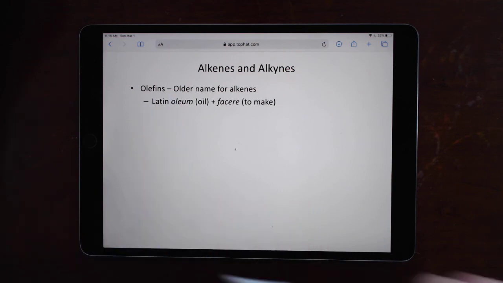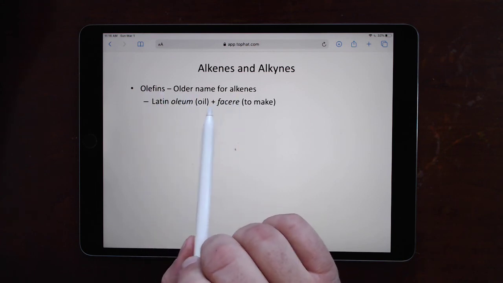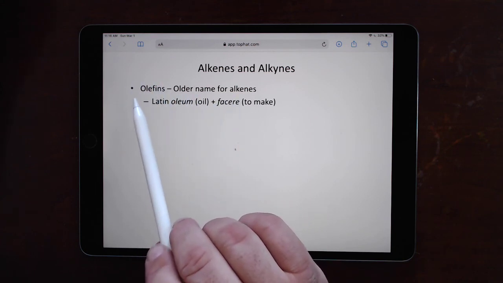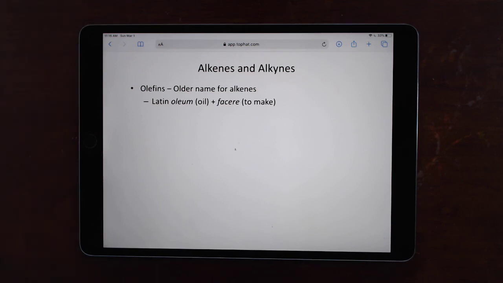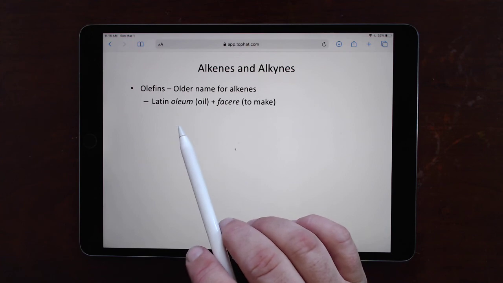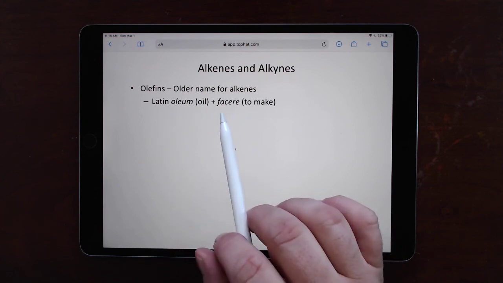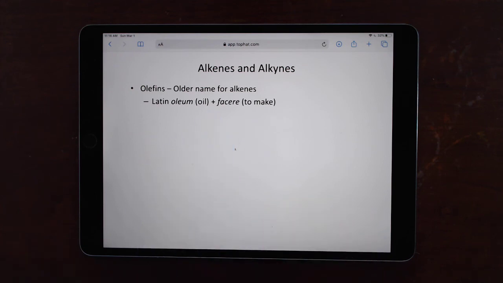So just as an aside, you'll sometimes hear double bonds, particularly the alkenes, referred to as olefins. That's again a Latin combining to make oil. So all it means is that it's a double bond.